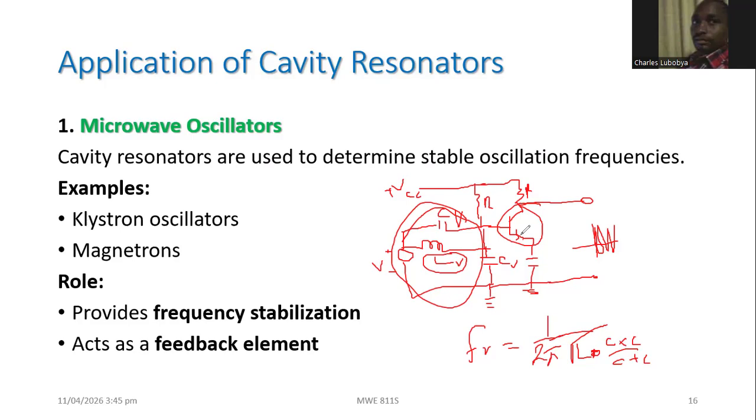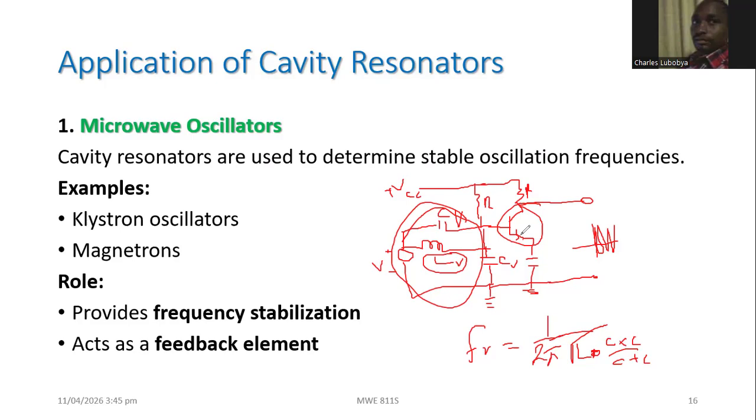The cathode and anode combination will act like an amplifier in the conventional oscillator, providing amplification and maintaining the oscillations, right? So normally that's the principle behind these cavity oscillators.